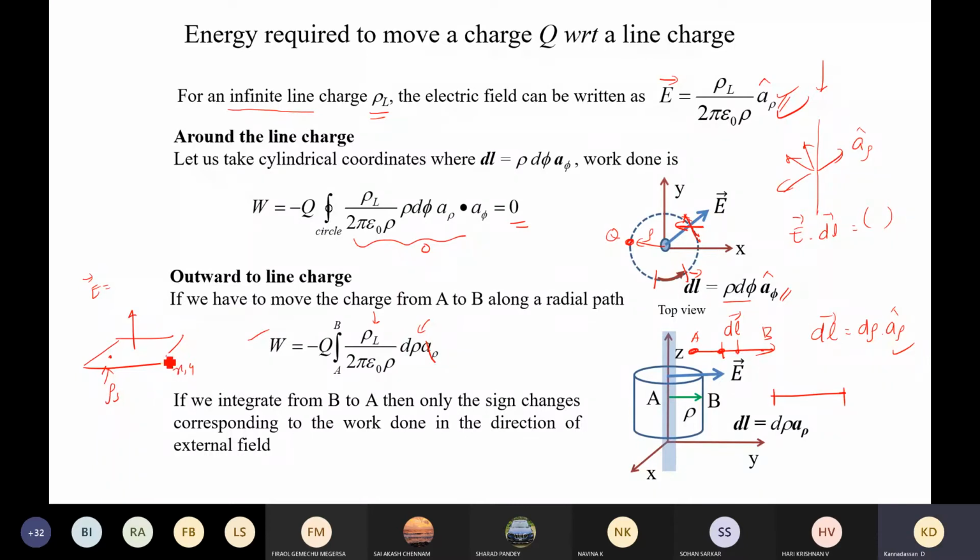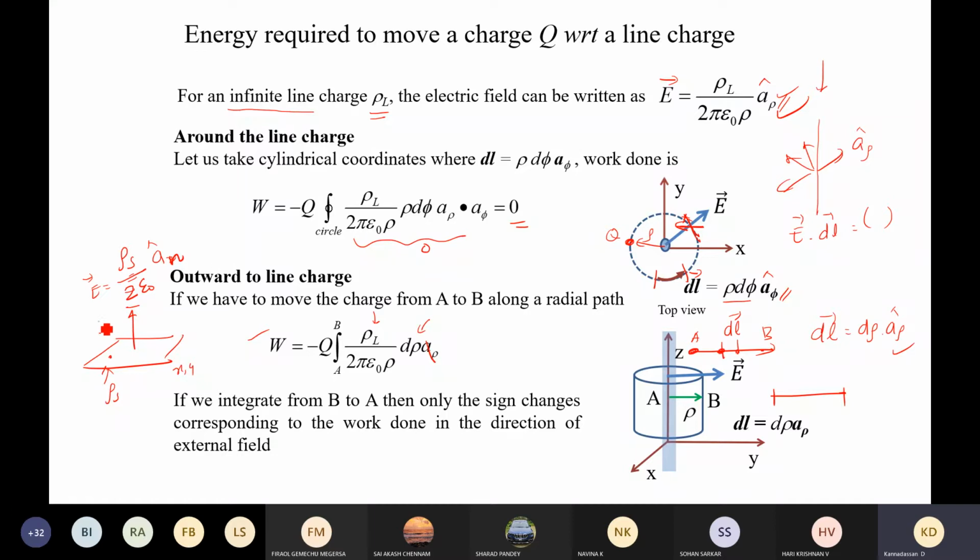What is the expression for the electric field for an infinite sheet charge? Remember, it won't depend on any particular point, it will be the same. So what is the value? Rho s divided by 2 epsilon naught az vector. It is represented as a vector normal to the surface. So in that case, the work done.